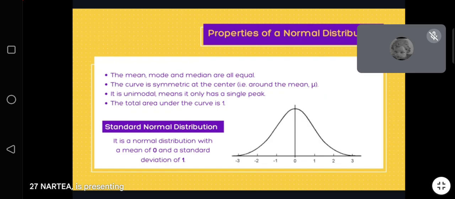It says here that a standard normal distribution is a normal distribution with a mean of 0 and a standard deviation of 1. You should keep that in mind.